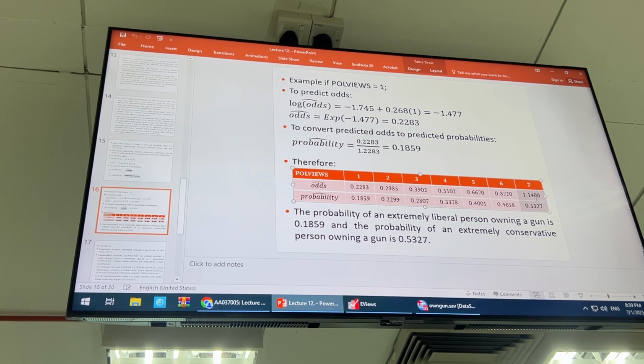In terms of probability, it is also greater than 0.5. We know the probability is between 0 and 1, so more than half already. So more likely to own a gun. The probability of an extremely liberal person owning a gun is 0.1859, and the probability of an extremely conservative person owning a gun is 0.5327.